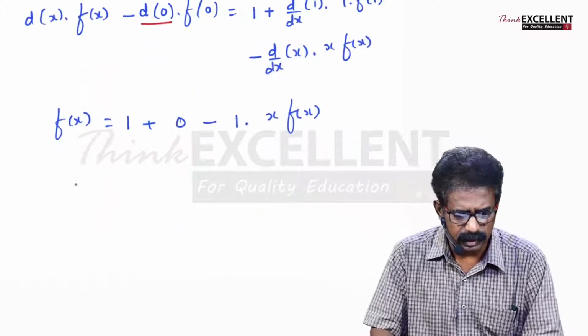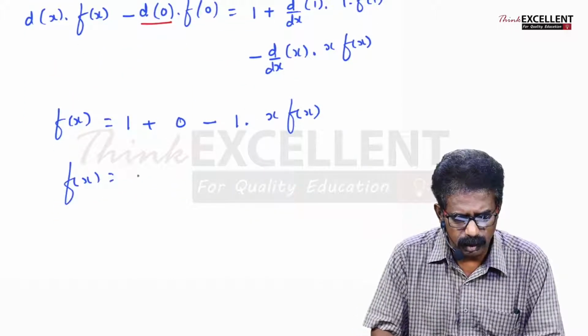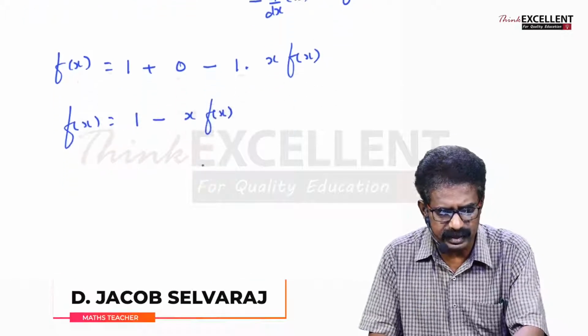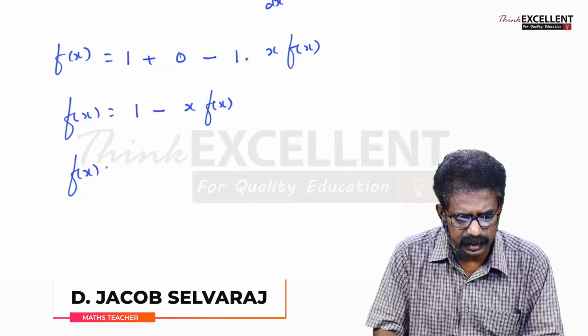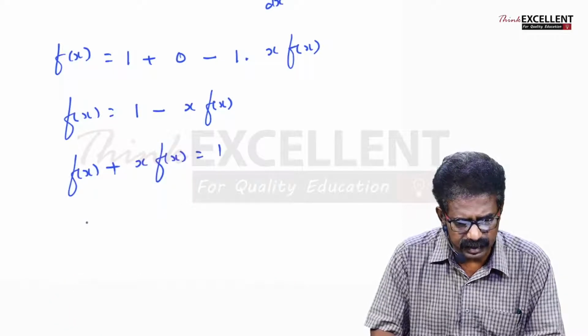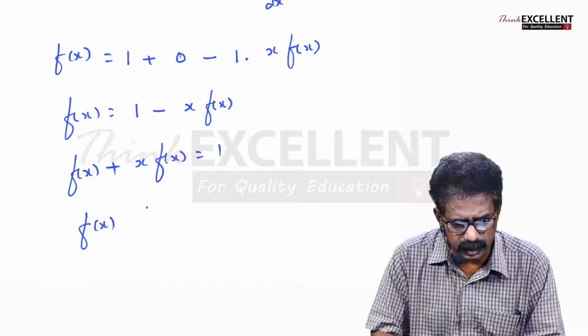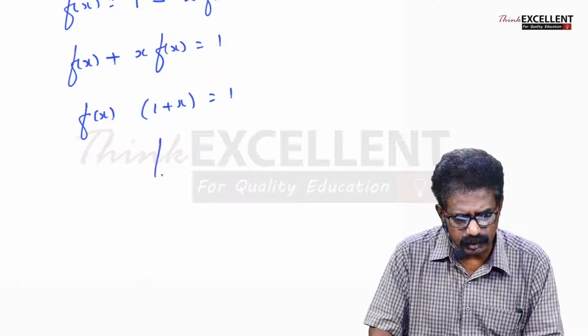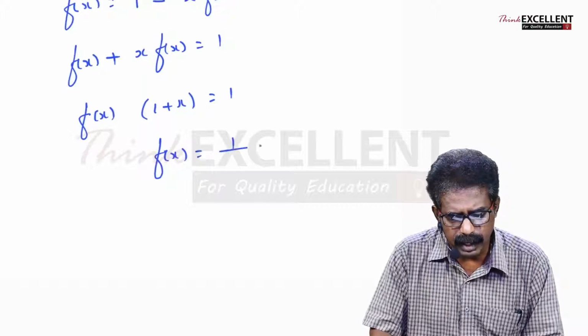So f of x equals 1 minus x into f of x. Group the f of x terms together: f of x plus x into f of x equals 1. Take f of x common. What's the remaining? 1 plus x equals 1. So f of x equals 1 by 1 plus x.